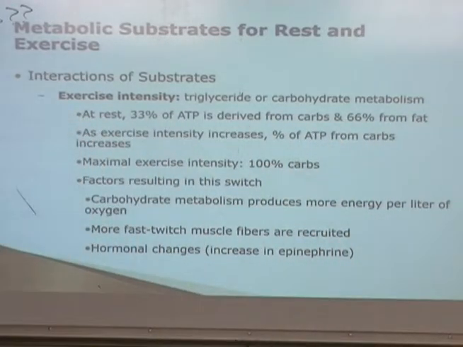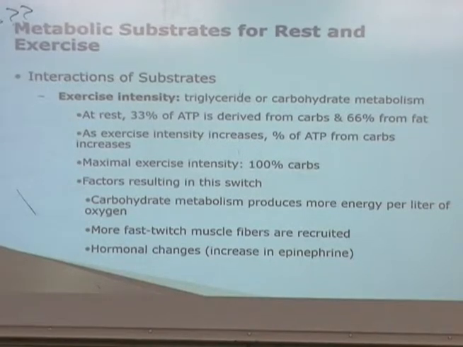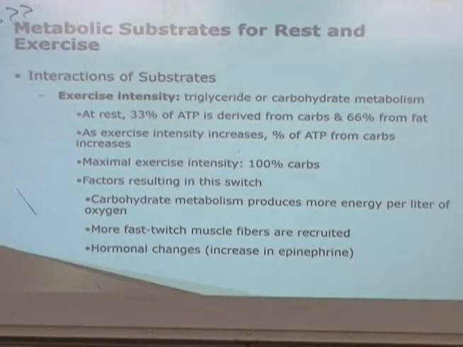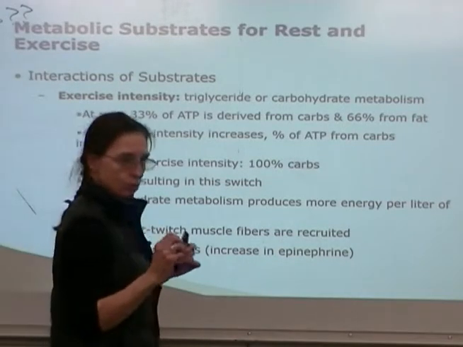We haven't talked about muscle type yet, but we will be talking about muscle type very soon. Whether I have very powerful muscles that contract very quickly, or whether I have muscles that contract more slowly, will somewhat determine whether I use carbohydrate or fat. So when you're sitting here, all your postural muscles are quite slow twitch.